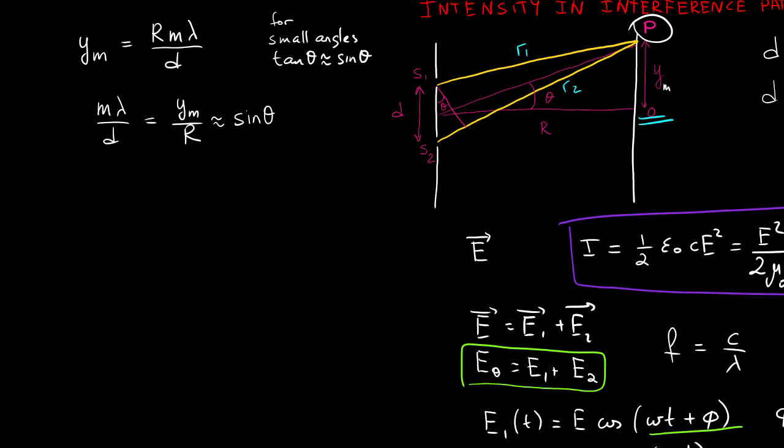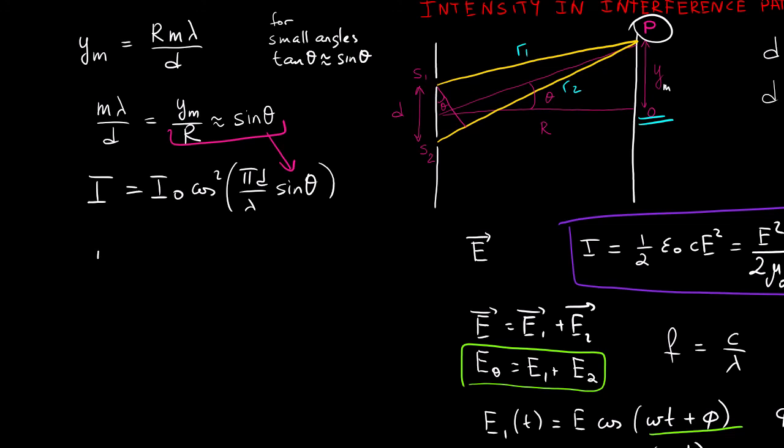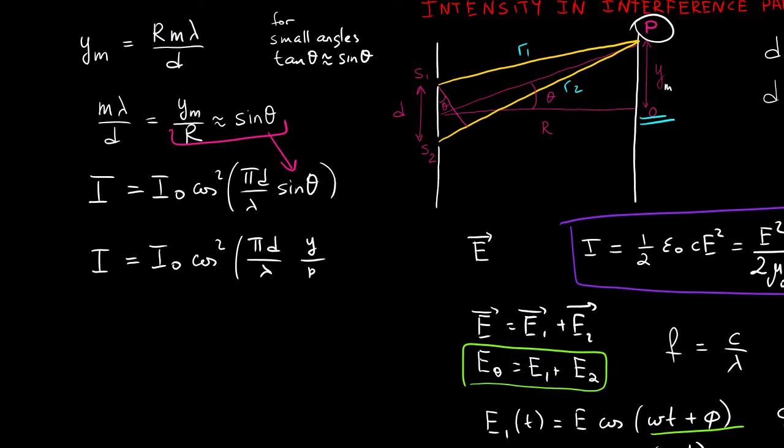Now if I plug this value of sine theta into my expression for intensity, I equals I naught cosine squared pi d over lambda sine theta, then I can say intensity equals maximum intensity I naught cosine squared pi d over lambda times y over r.